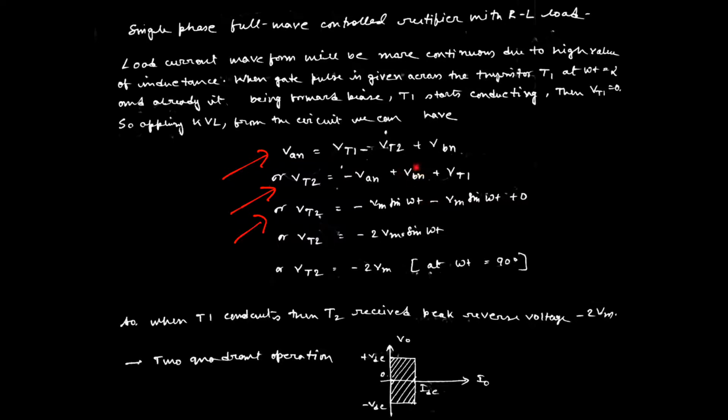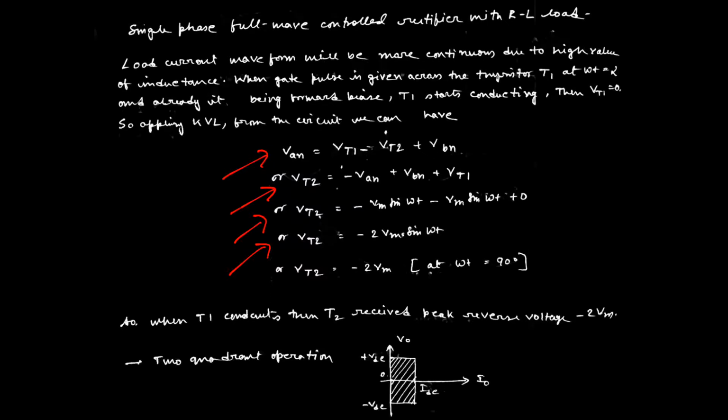The lower voltage is VNB, and as we defined VBN, the expression becomes minus Vm sin omega t. And VT1, as it is in the conducting state, behaves like a short circuit. No voltage will appear across the first switch, so it stands for 0. Ultimately, we have VT2 equal to minus 2 Vm sin omega t.